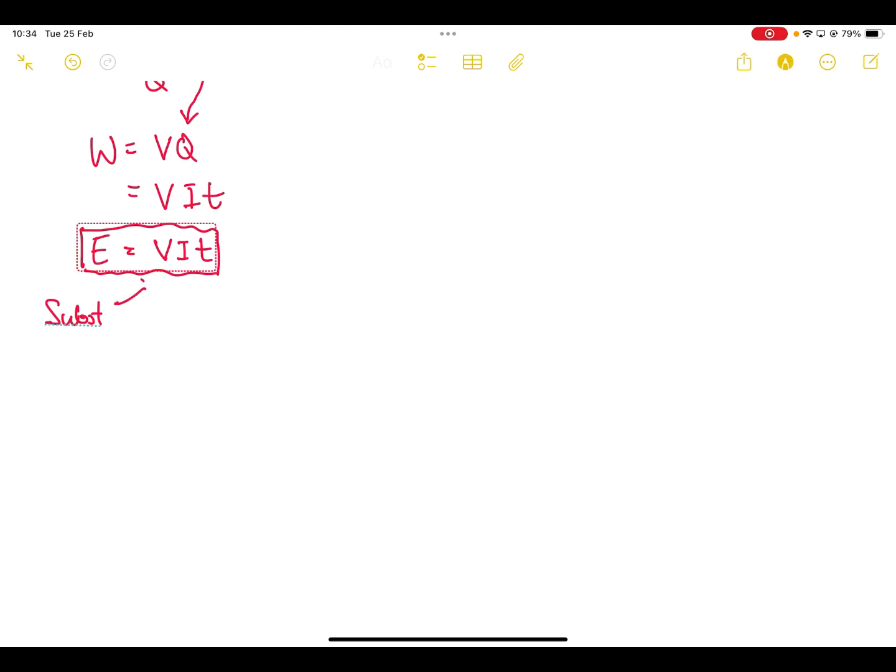So let's get rid of V. I put V equals IR, I sub into this formula, I get E equals IR times IT. So it's I squared RT.